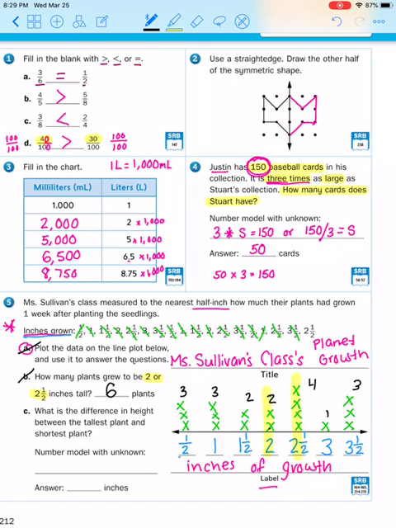Let's look at C. What is the difference in height between the tallest plant, which is 3 1/2, and the shortest plant, which is a 1/2 inch? So we are going to have to subtract.